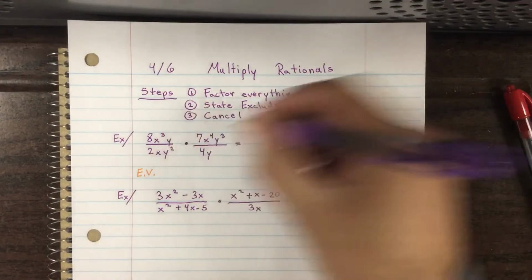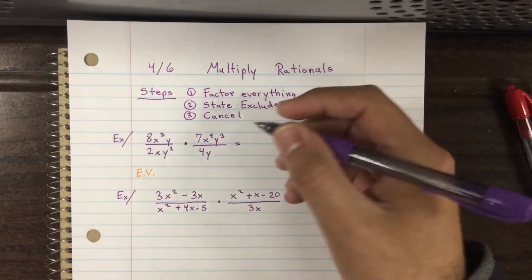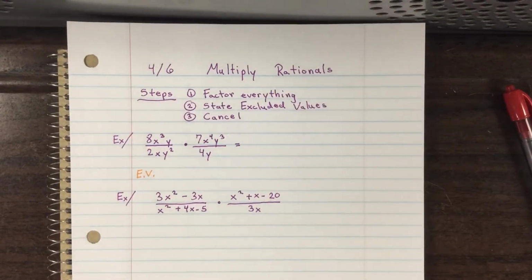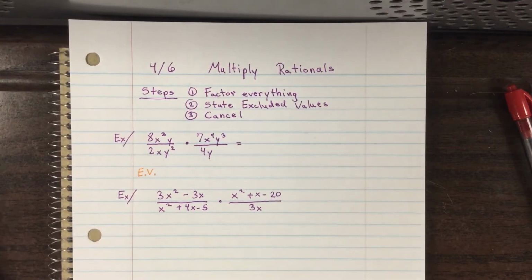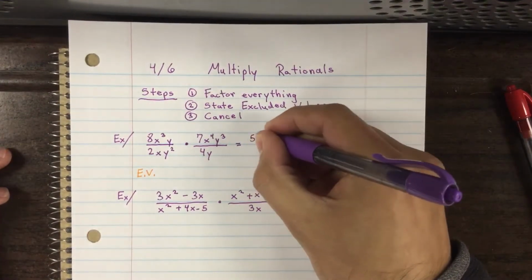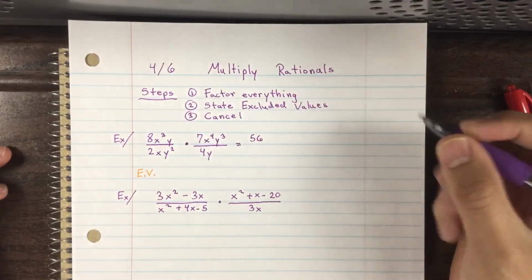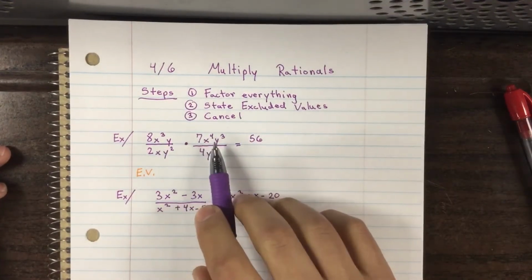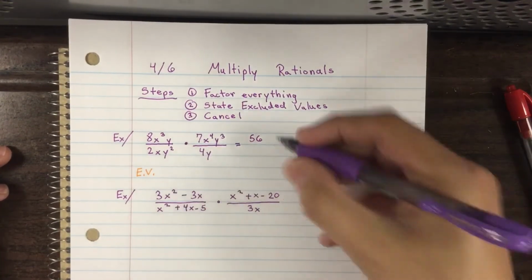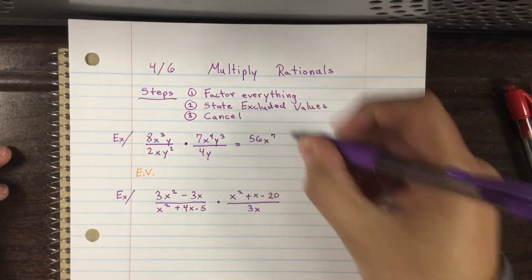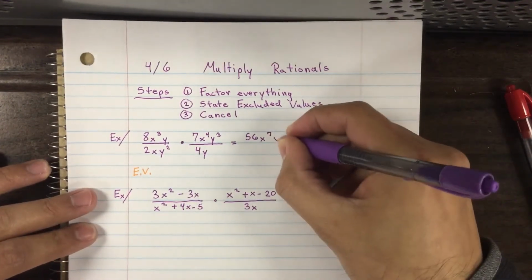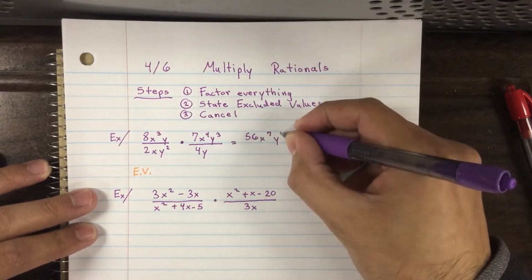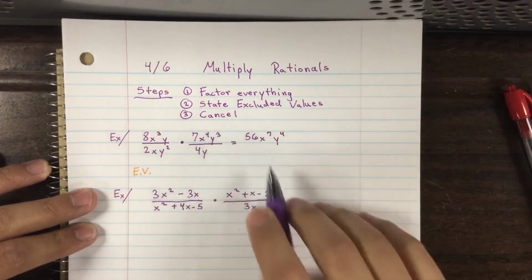So 8 times 7 is what? 56. Okay. And then with your x's, when we multiply, we're just adding exponents. So that'll be x to the 7, 3 plus 4. And then y would be y to the 4th power, 1 plus 3.